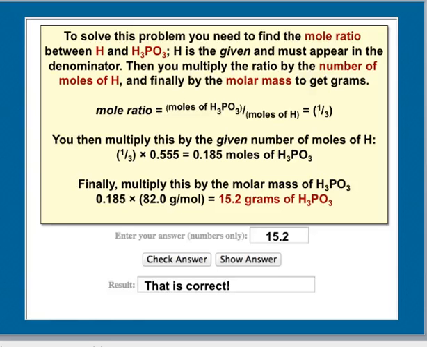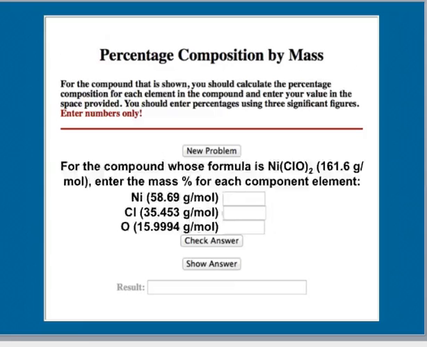Any questions? All right, let's take the notion of the mole ratio that we've used here, and let's apply it to the next tutorial, and that is the percentage composition. Now, as a warning on this one, you would think that these are going to add up to 100.